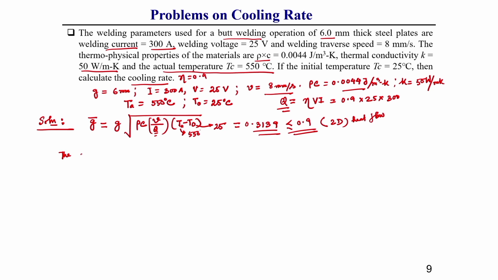So, the cooling rate of this process will be dT by dt, using the equation for the 2-dimensional case, which is 2 pi k rho C G square V by Q whole square into T minus T0 to the power 3. This you should keep in mind.